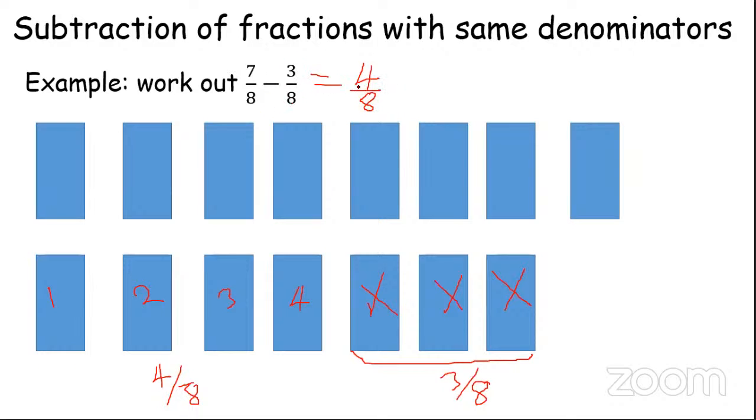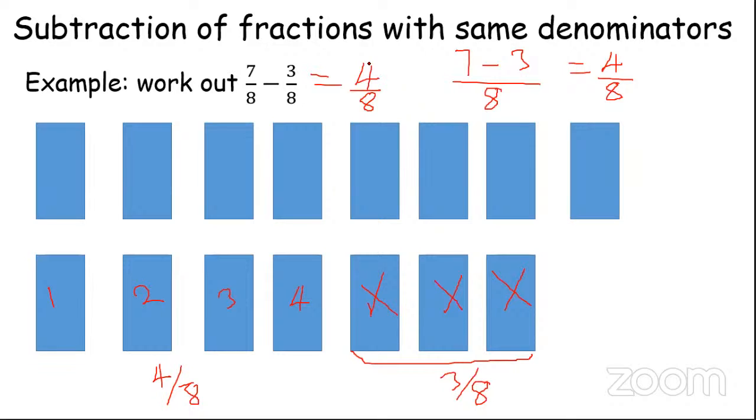But we can as well do it in an alternative way, and we say since the denominator is the same, we get 7 minus 3, then over 8. So 7 minus 3 would give us 4, and then divide by 8. And I think we can reduce this fraction further by dividing it by a certain number.